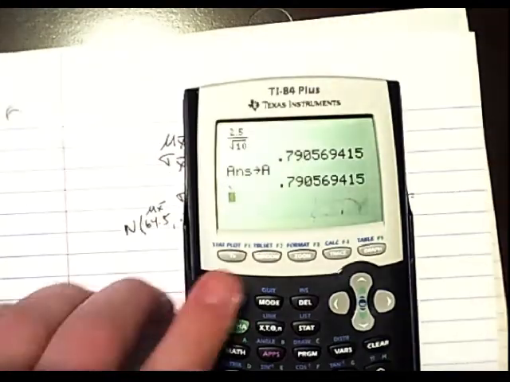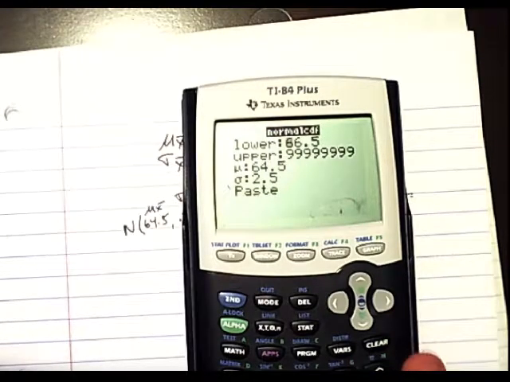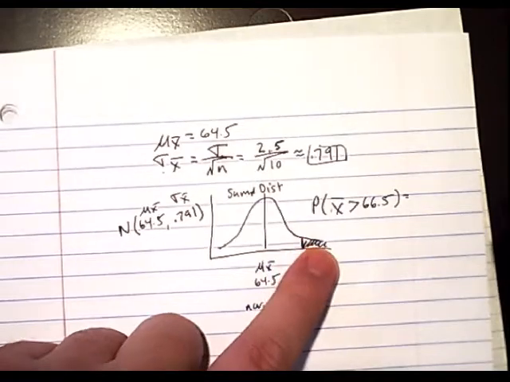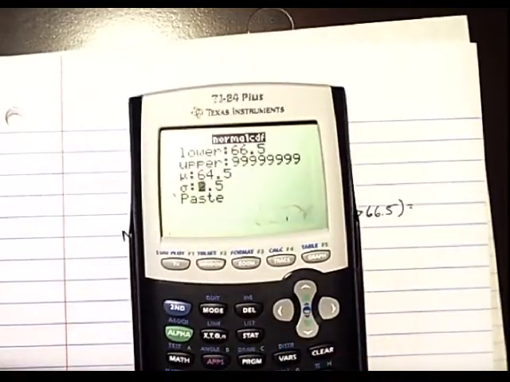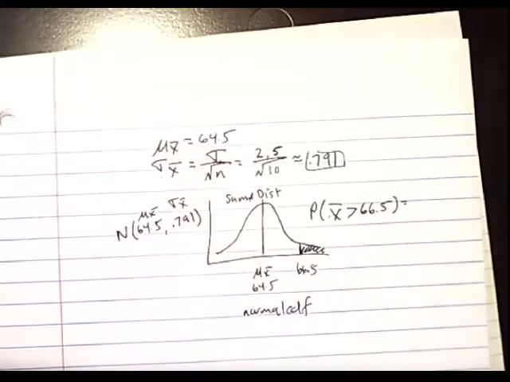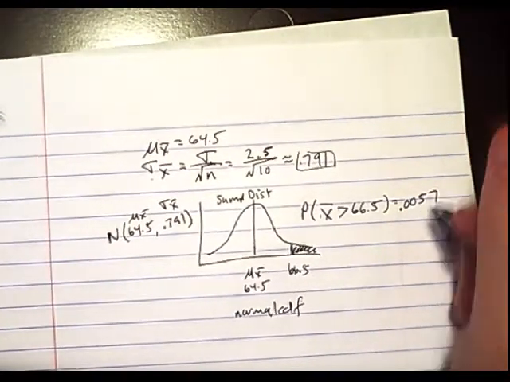So if we go second, distributions, Normalcdf, again we're going to go 66.5 to infinity because that's the shaded part I want. The mean's still 64.5, but the standard deviation is that decimal that I stored as A. That only gave me 0.0057.